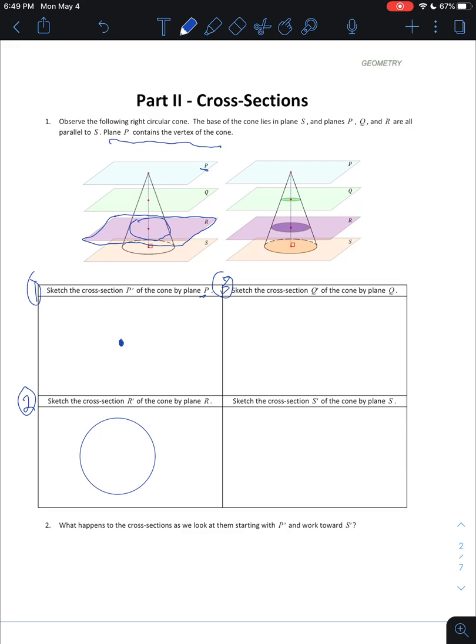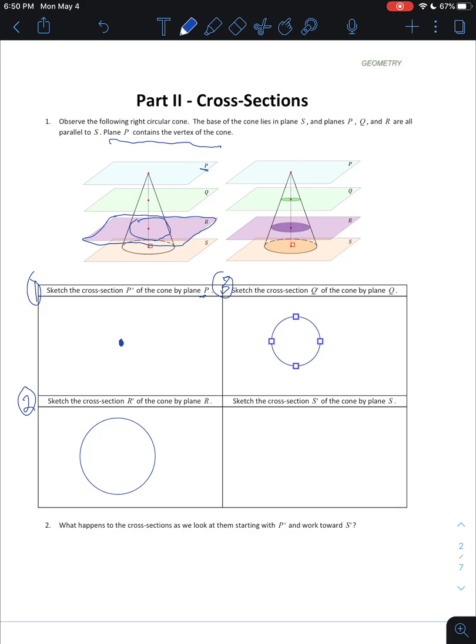So sketch the cross section Q prime of the cone by plane Q. Again, it would just be a smaller circle. Wow, my shape is so bad it doesn't even recognize it's a circle. There we go.